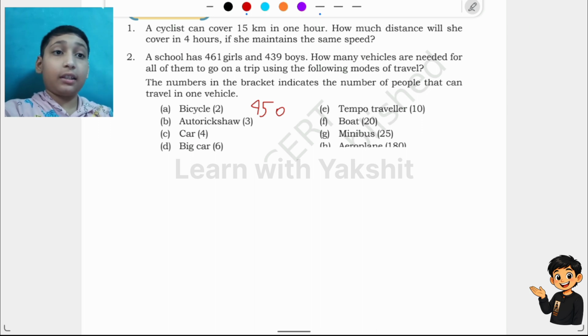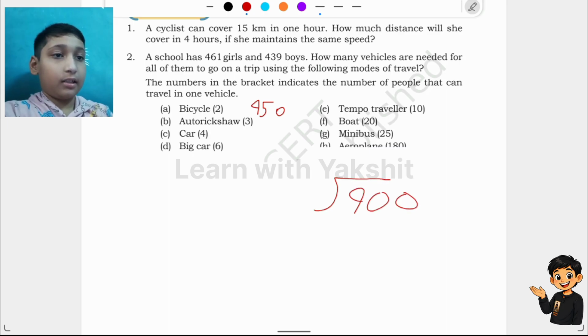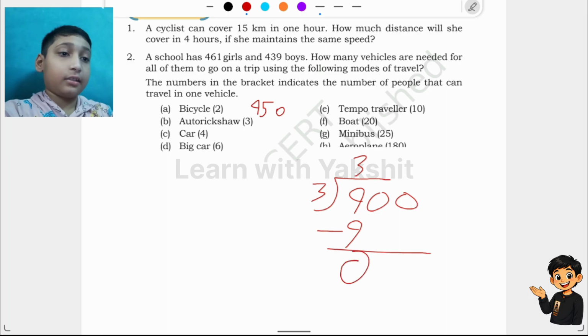Now we can see that in auto rickshaws, I'll first make that 900, 3. Now you have to divide it by 3. Now it's simple. Just do it by 3 and then minus 9, and that becomes 0.